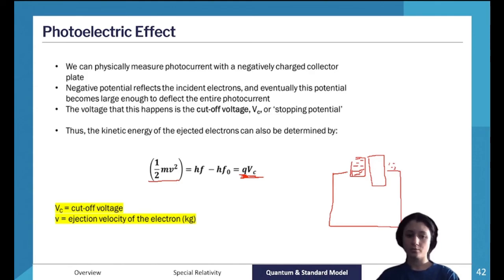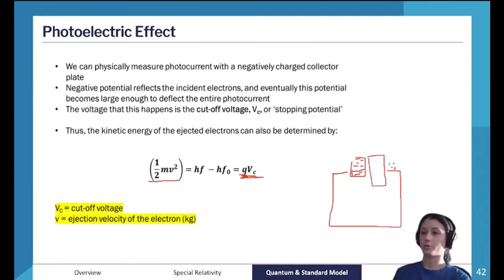So the frequency affects the stopping voltage. And I want you guys to pause the recording and have a quick think about why that is. All right? Remember, the frequency determines how much energy the electrons have. If the electrons have more energy, they're more willing to go around the circuit even if there's a negative voltage.